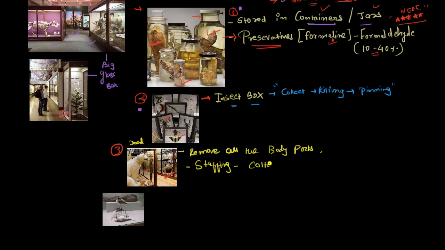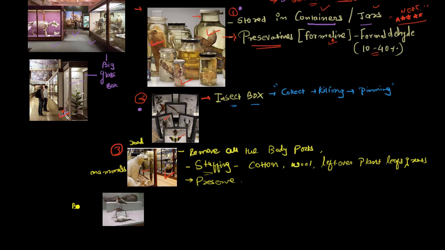Stuffing of cotton, wool, or sometimes some leftover plant leaves or grass. So they do the stuffing and then preserve them. So these are kind of stuffed mammals and birds. So these are the mammals.